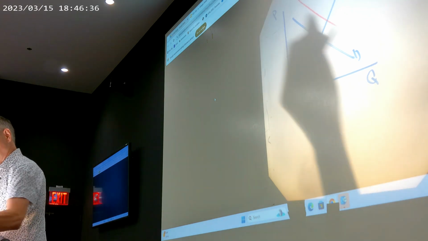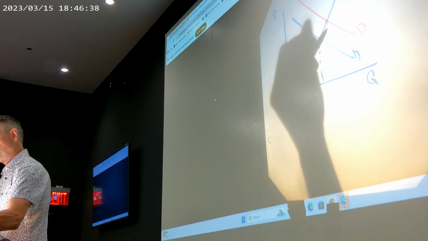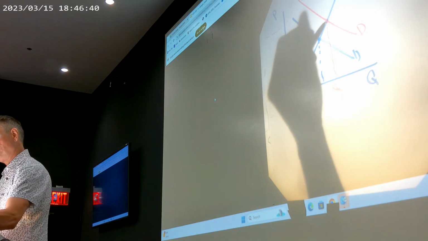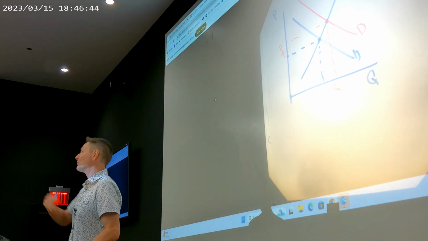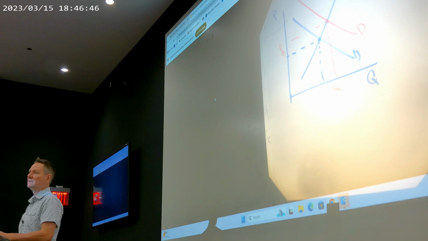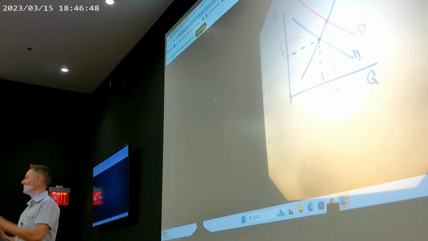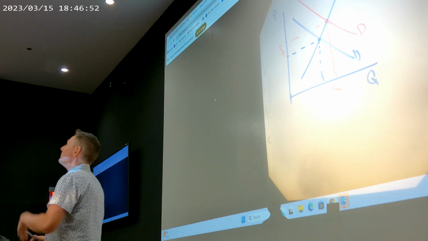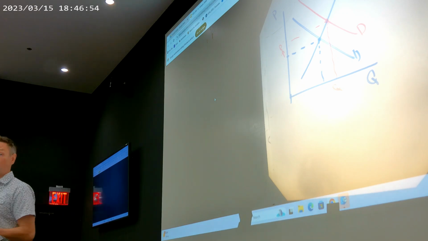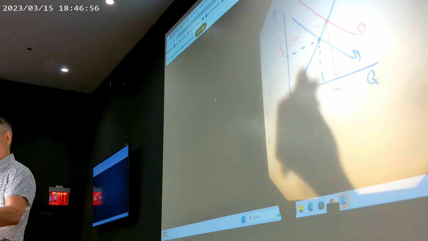Well, that shifts out demand and supply, and we can say, all right, well, we know what will happen. The price will go up in the market, and the quantity will go up in the market. Well, that's our positive prediction, like we've been making, just how the world will work, that we've been making all along.